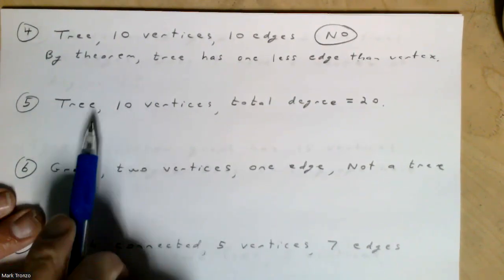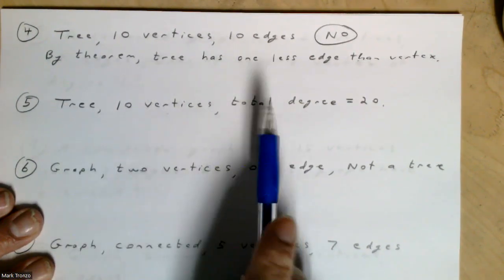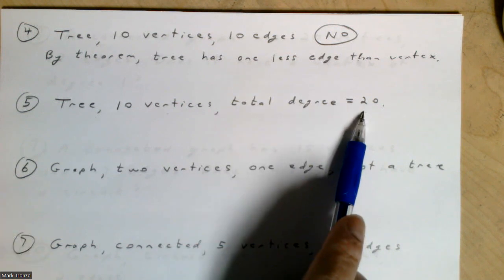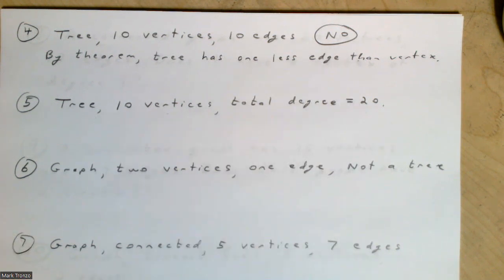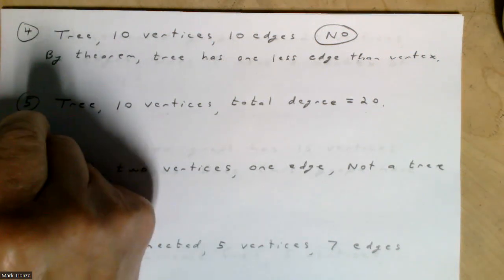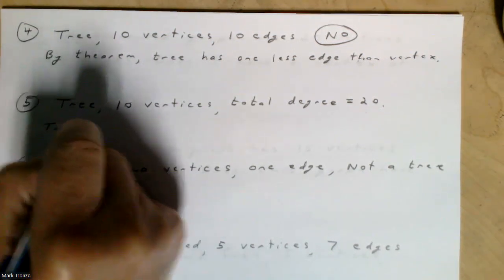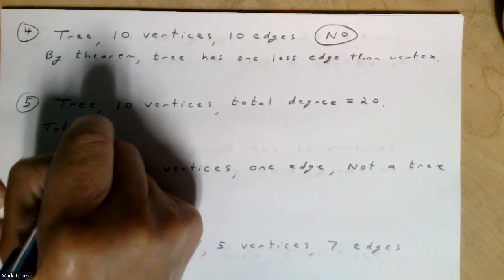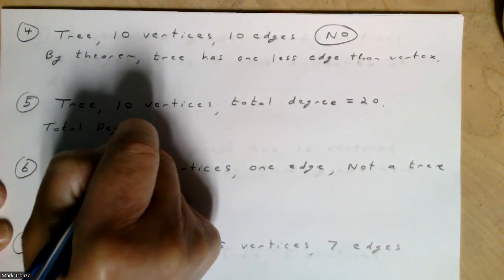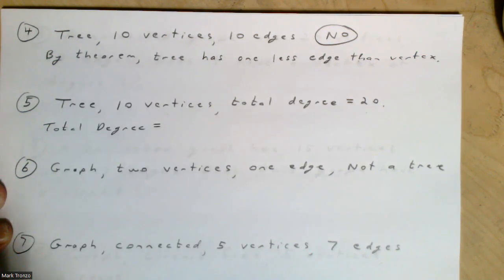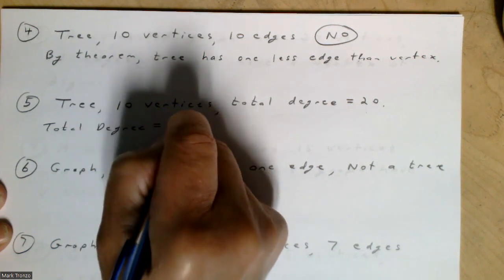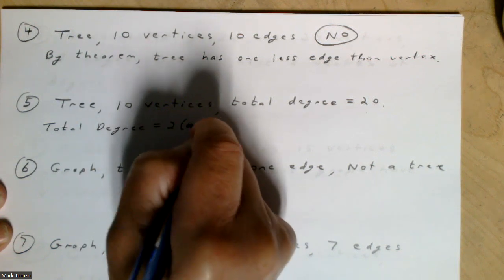And this one, the tree has 10 vertices and total degree is 20. Now we're going to have to use that theorem that we had a minute ago, which says the total degree of the graph is equal to 2 times the number of edges.